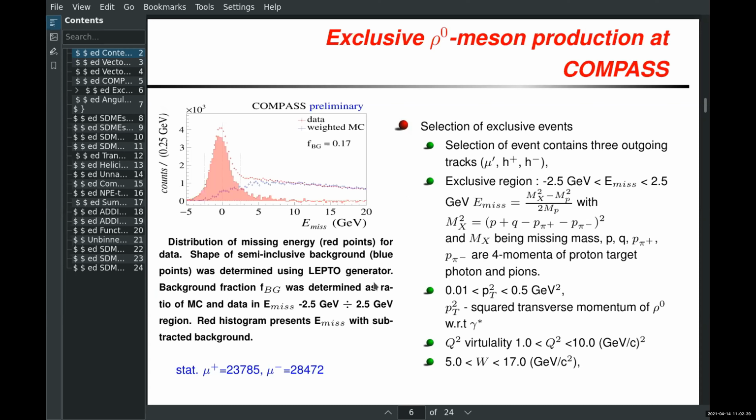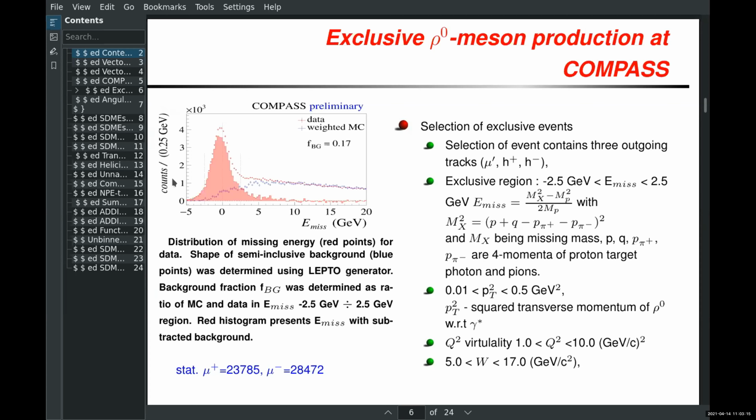We want to define the region in which we observe this. PT, the transfer momentum of the rho, was in the region practically from 0 up to 0.5, and virtuality from 1 to 10, which means that we want to observe hard processes. And W was from 5 to 17 GeV over c.